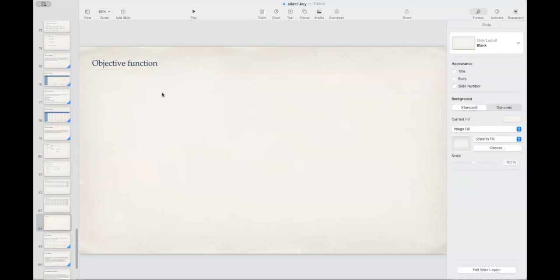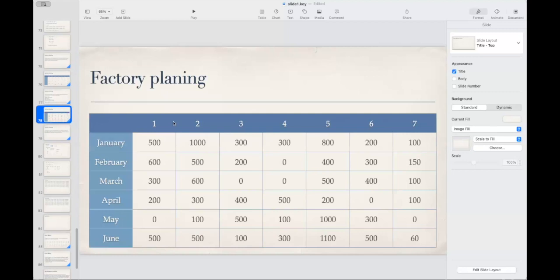In this case, as we discussed, we have fixed income, right? Because we're going to sell this amount to our customer.